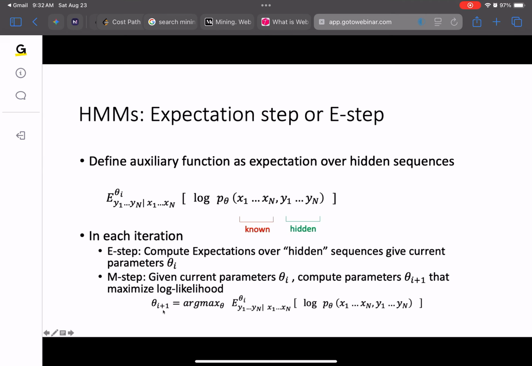So that is theta i plus 1. From iteration to iteration, the likelihood of the data will keep increasing. We'll stop the iterations when the likelihood saturates.